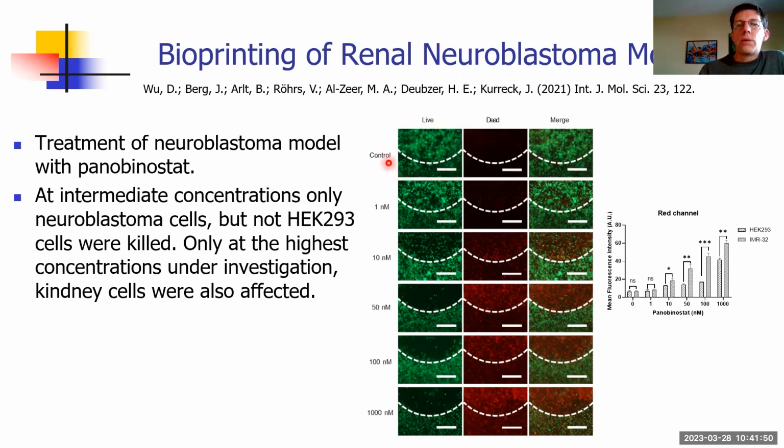And on the outer part, you have the kidney cells, the HEK293 cells. And you see that with increasing concentration of panobinostat, the tumor cells in the center are killed, and you have the red fluorescence of dead cells, while the outer part of the kidney cells remain unaffected, so they still have the green fluorescence indicating living cells.